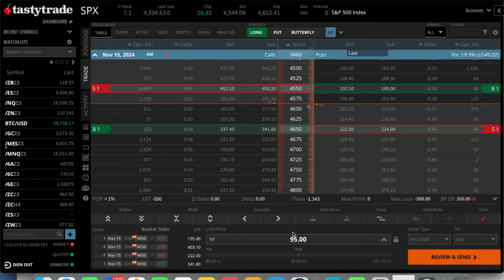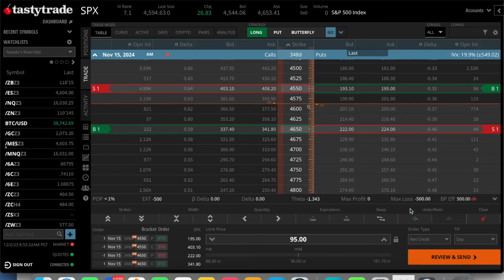This $9,500 is available. However, in a year's time, 348 days in this case, you're going to have to pay it back. The 9,500 goes back plus the 500. So it's going to be your credit plus the difference between the credit and the 10,000, and that difference is $500.